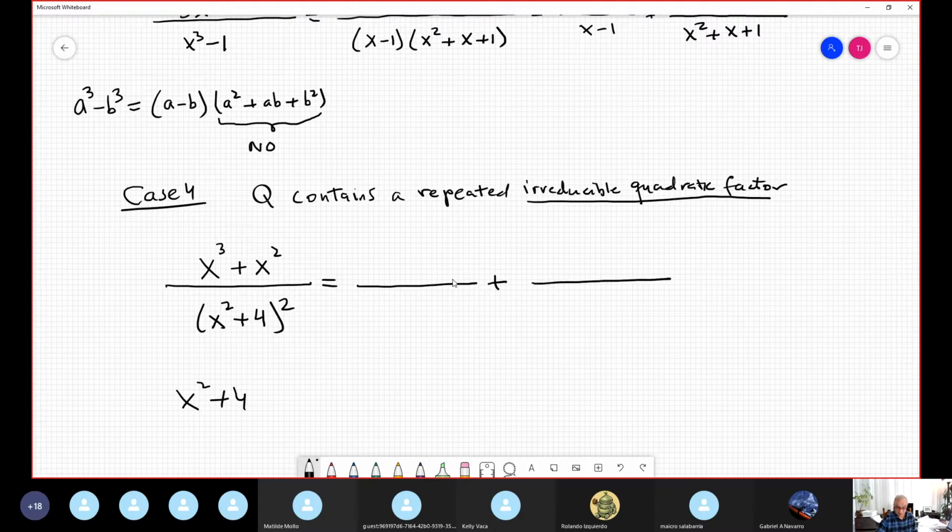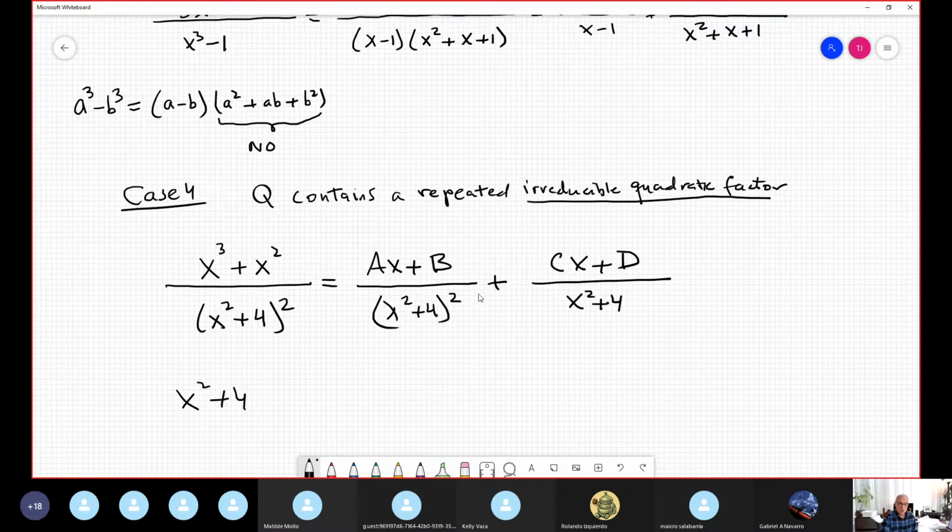It's 2, so you decrease 2 and 1. You copy (x squared plus 4) squared and (x squared plus 4) to the 1 power, and you copy here Ax plus B and Cx plus D. Any arbitrary value. The frequent letters used are A, B, C, D, E, depending on the example.